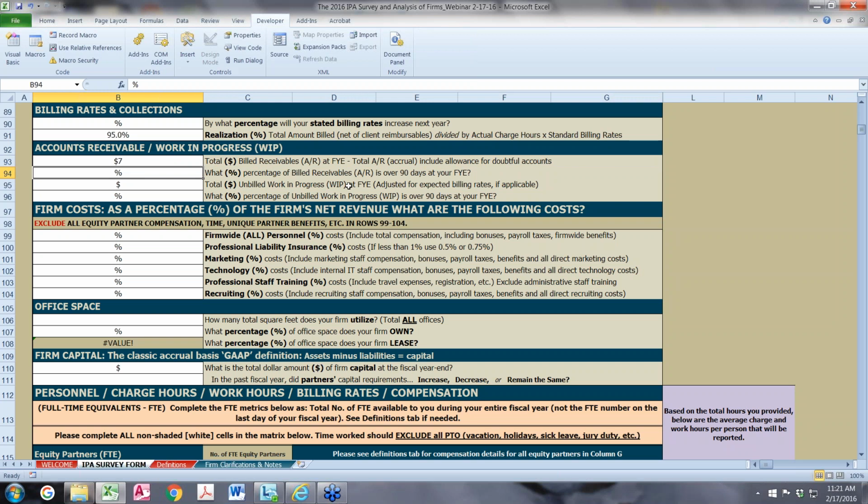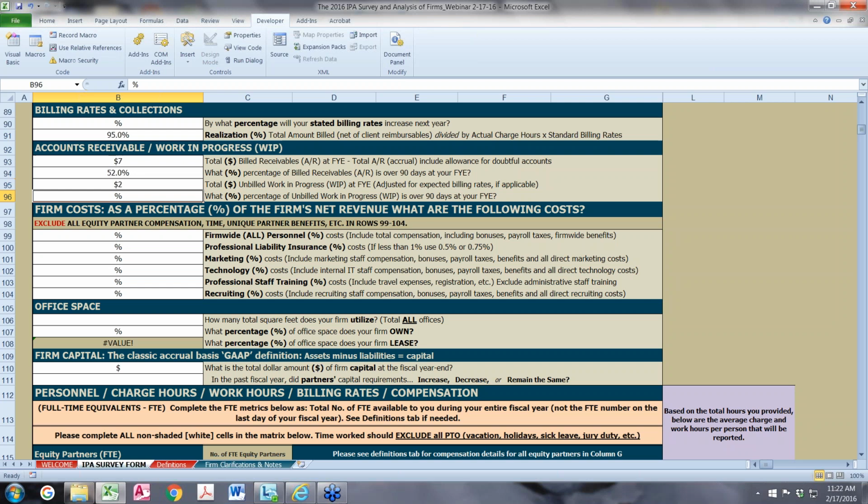In row 95, we're looking for total unbilled work in progress, and that number too should be adjusted if applicable for any additional potential write-offs or potential write-downs to reflect the truer value. Please report this number based on what you expect to bill it at so we can have a more accurate picture of the value of your work in progress.